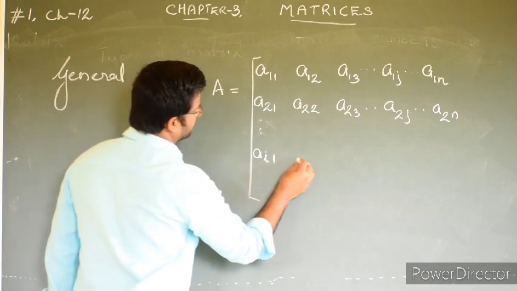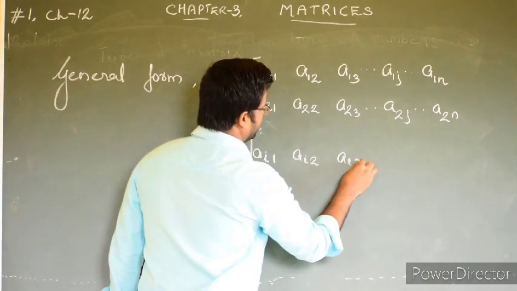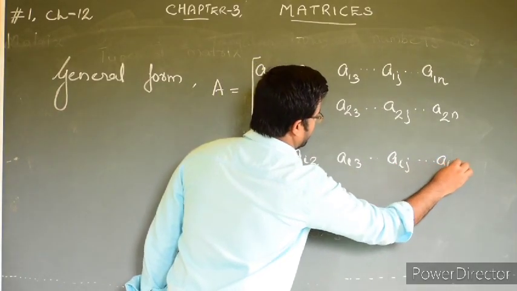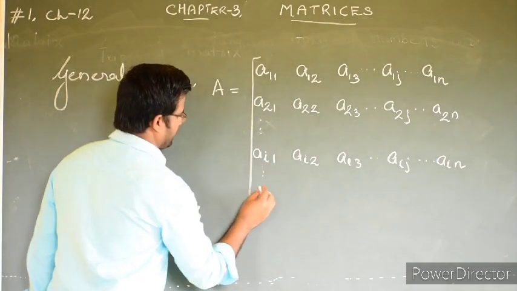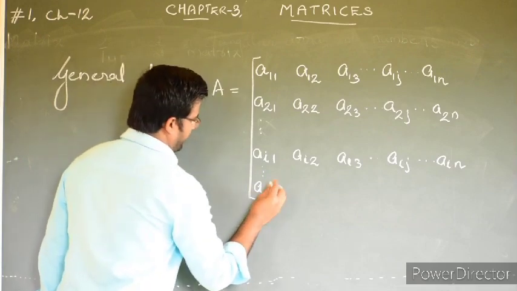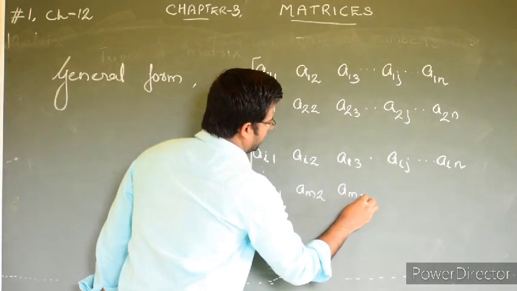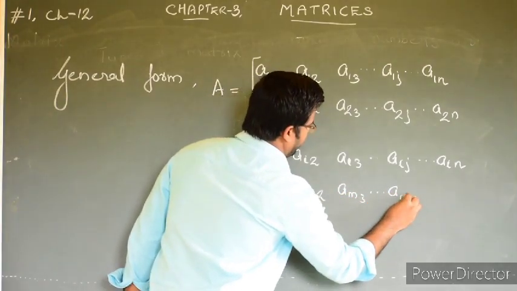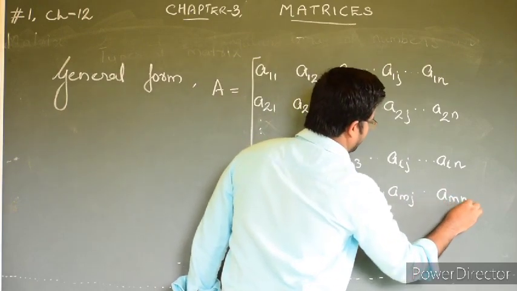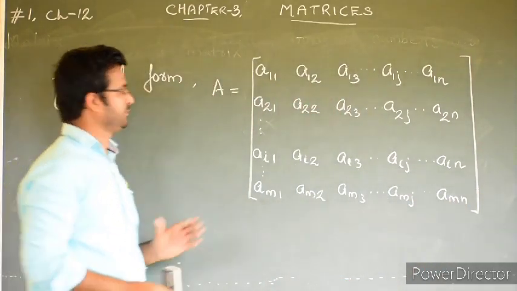AI1, AI2, AI3, AIJ, AIN. AM1, AM2, AM3, etc., AMJ, AMN. This is the general form of a matrix.